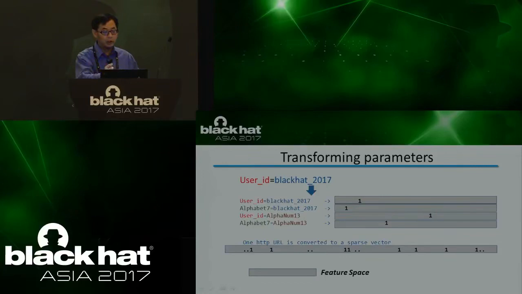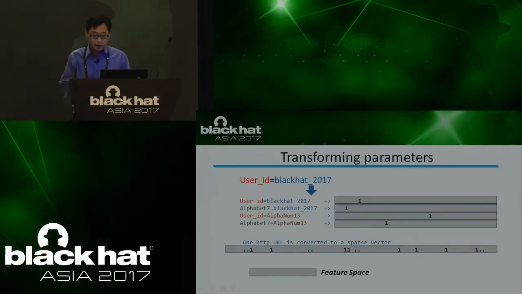So for these parameters, we map the 4 features and get 4 bits. If a URL has several parameters, then we get what's called a vector, with a one at different location positions.